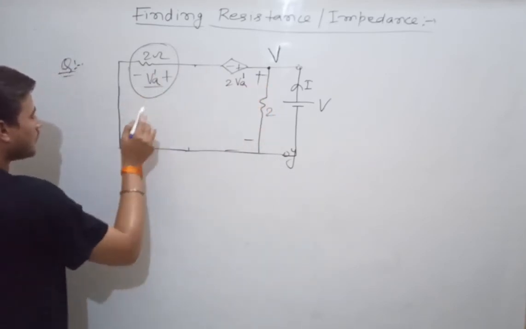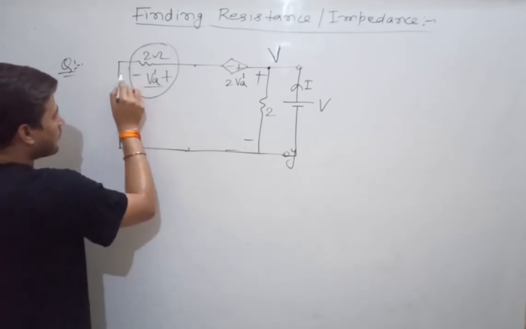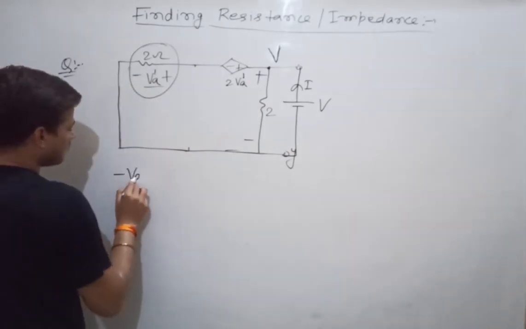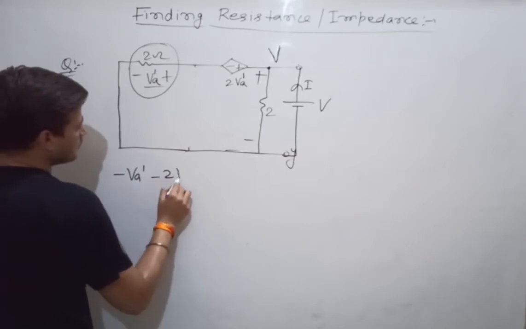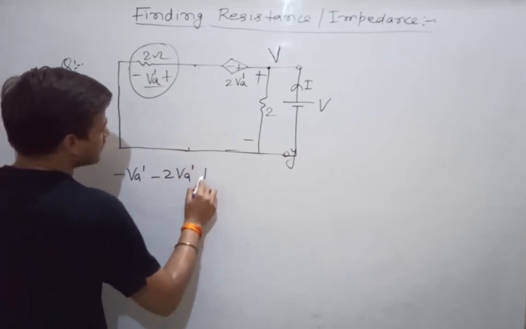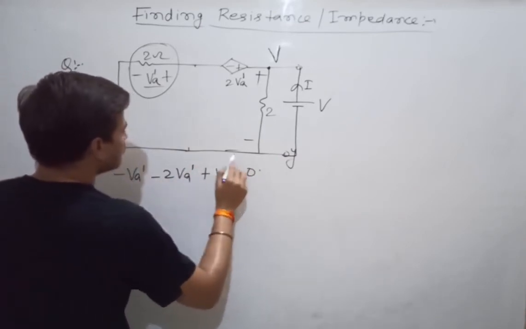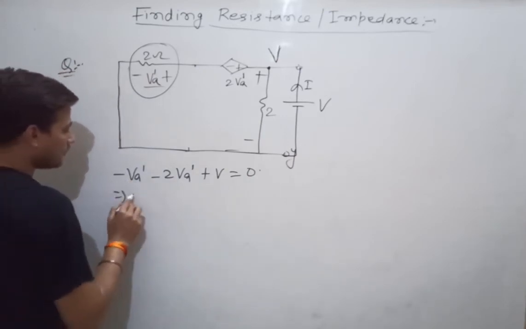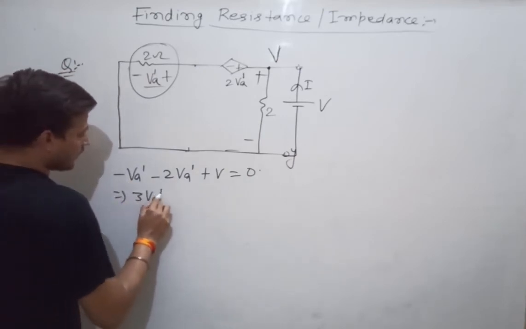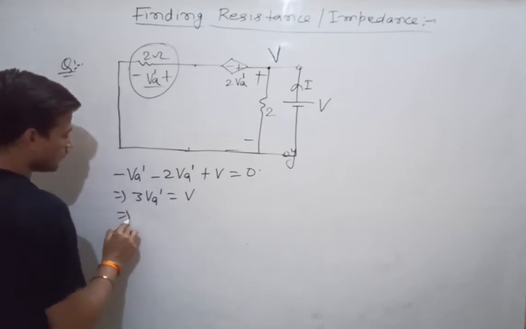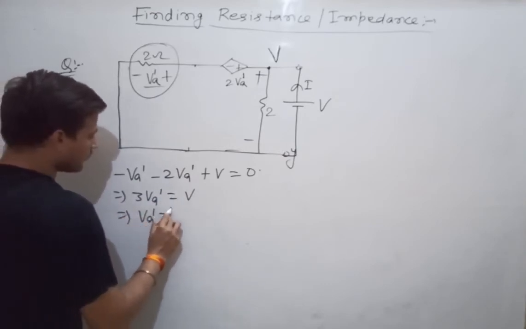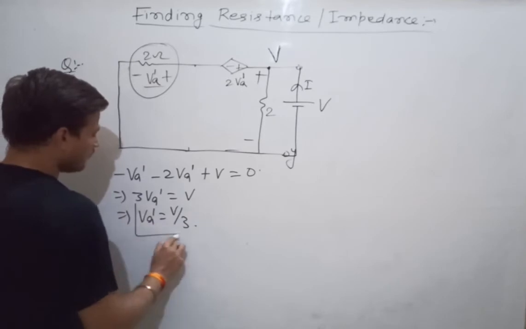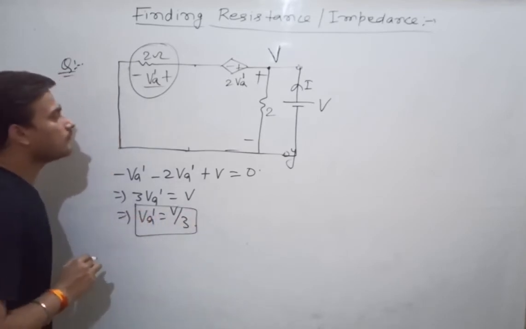Starting from the minus terminal: minus VA dash minus 2 VA dash plus V equal to 0. From here you know that 3 VA dash is equal to V. So VA dash will be equal to V by 3.